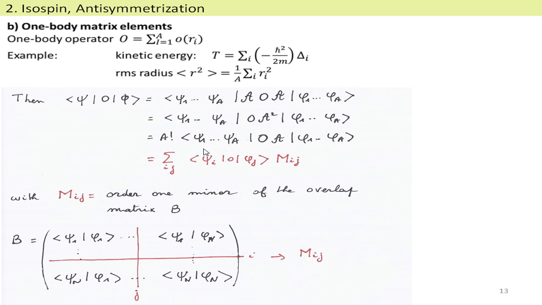And M_ij here is just a Slater determinant that you get by removing the line i and column j. So again, you just need this single particle matrix element and the minor of this matrix. So this is a very systematic calculation, and involves a double sum here.